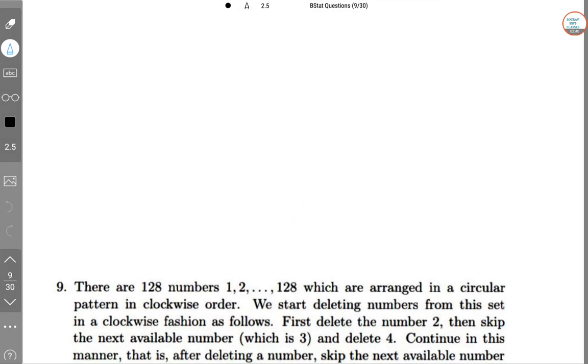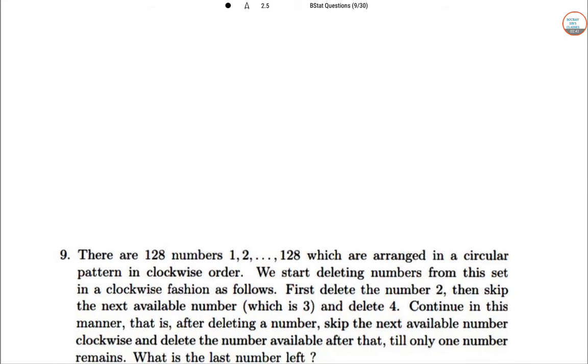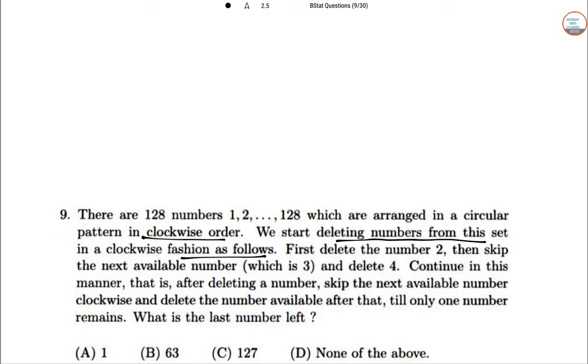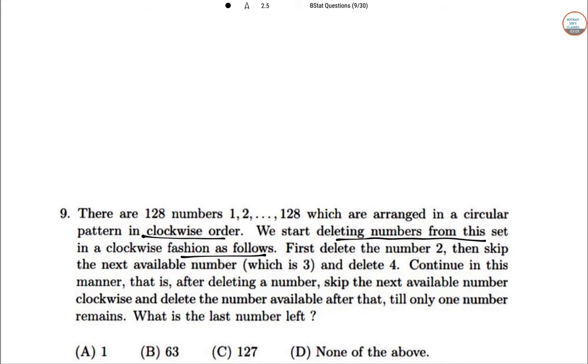Next: there are 2 to the power 128 numbers, 1, 2, 3, 4 and so on, arranged in a circular pattern in a clockwise order, and we start deleting numbers from this set in a clockwise fashion as follows. First delete the number 2, then skip the next available number, which is 3, and delete 4.